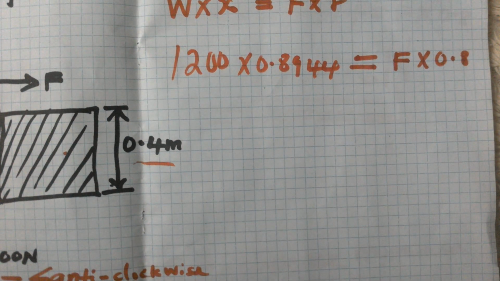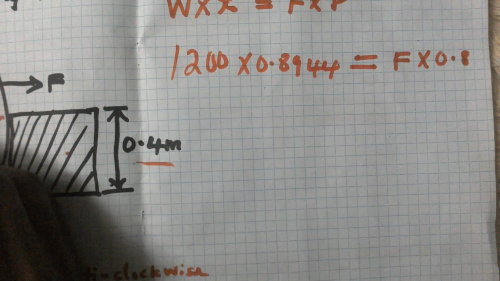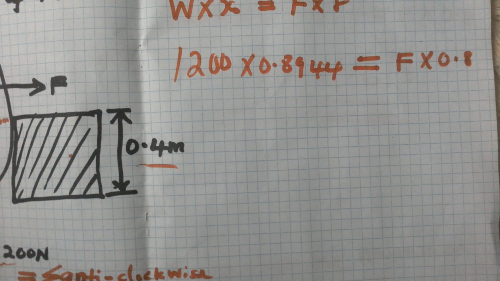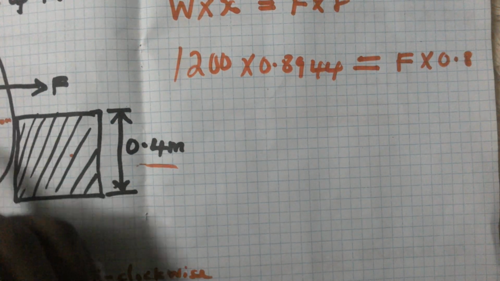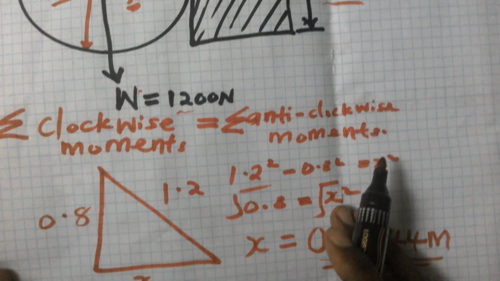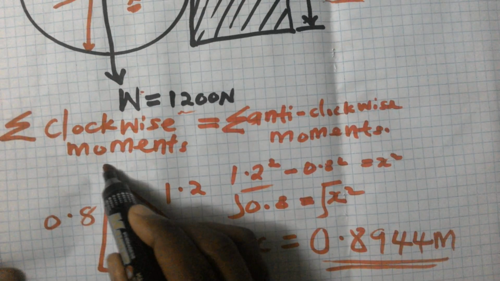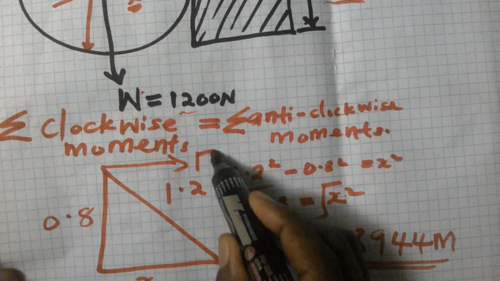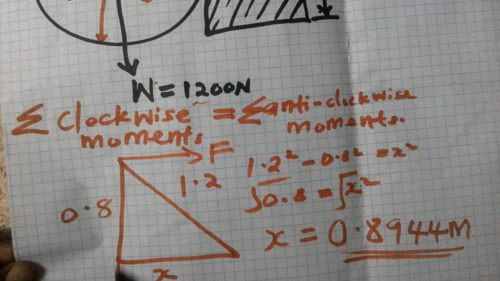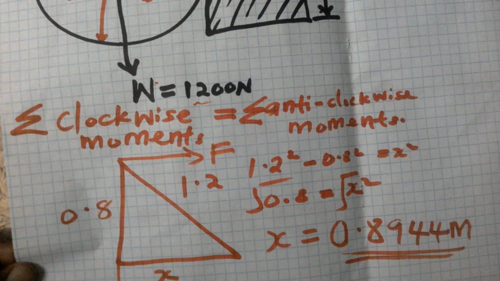Somebody may ask me, why are you using 0.8? 0.8 because the distance here is 0.8. As in this triangle, if you can see, this is where this force F is acting, and the weight is acting here.